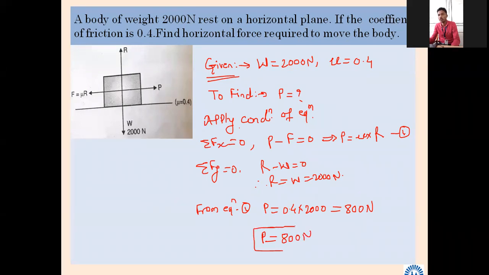What we have found, this force P, 800 Newton, what does this indicate? Equilibrium? Limiting equilibrium. Yes, limiting equilibrium.